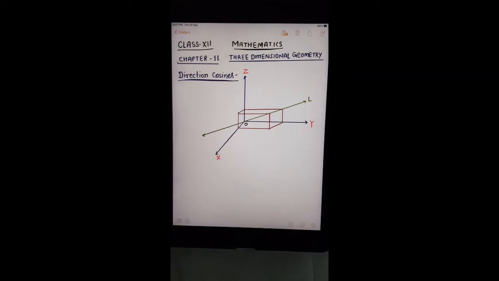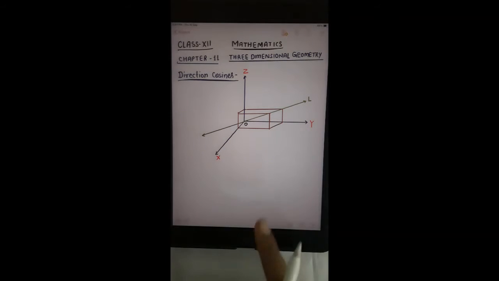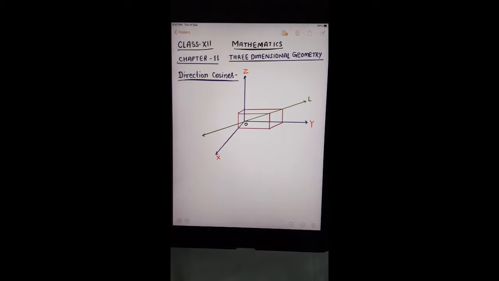Now in this figure, a line L is given. It is represented by a green line. You can see here. Suppose this line makes alpha angle with x-axis, beta angle with y-axis and gamma angle with z-axis, with the positive direction of these axes.